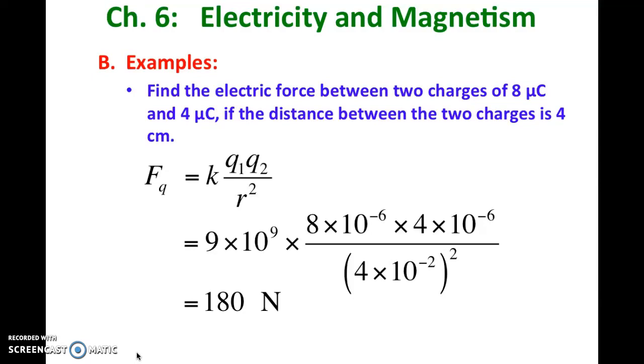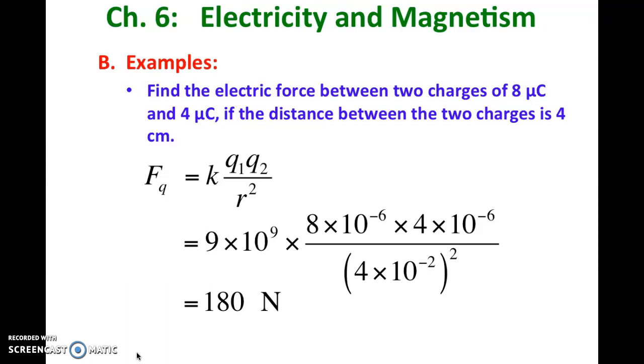For example, find the electric force between 2 charges of 8 microcoulomb and 4 microcoulomb if the distance between them is 4 cm. From Coulomb's law, F equal to k Q1 Q2 divided by r squared, we substitute 9 times 10 to the 9 for the constant k, 8 times 10 to the negative 6 for the charge Q1, 4 times 10 to the negative 6 for the charge Q2, and 4 times 10 to the negative 2 for the distance r.